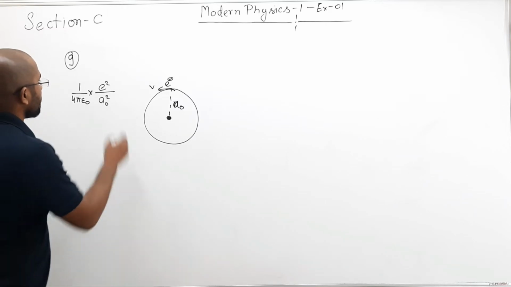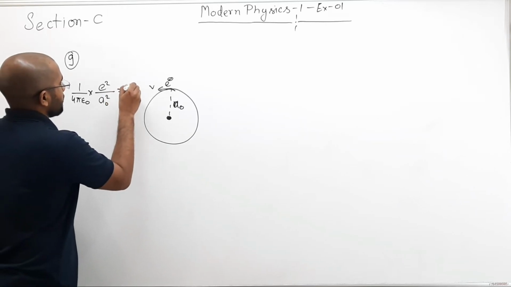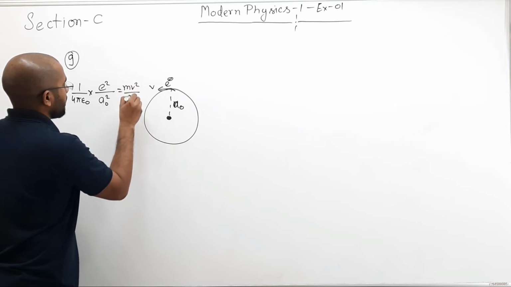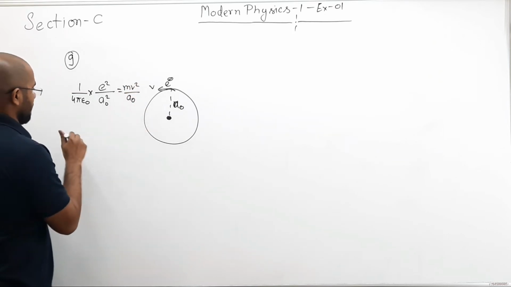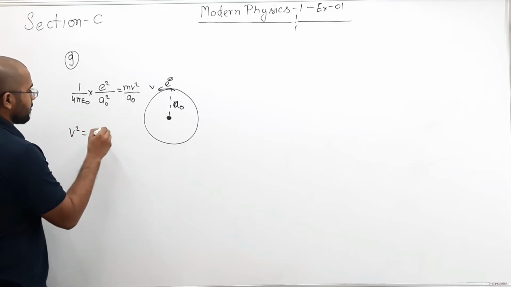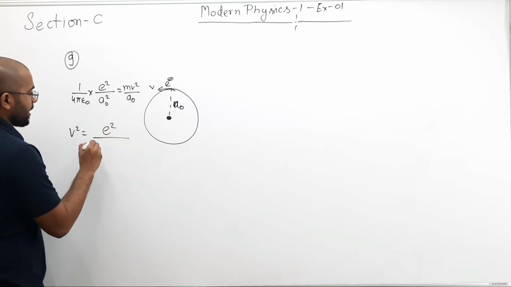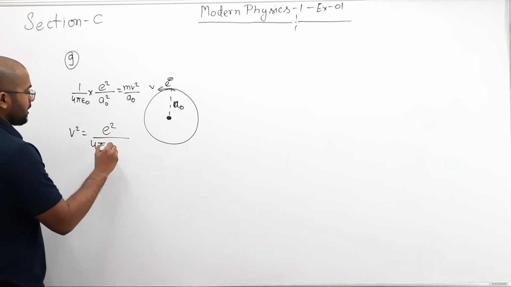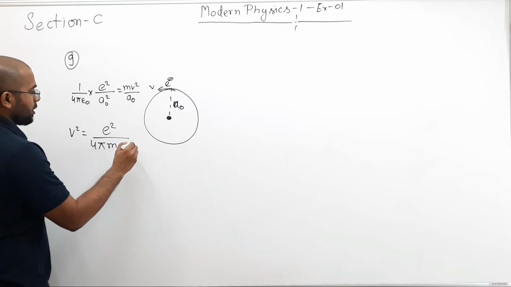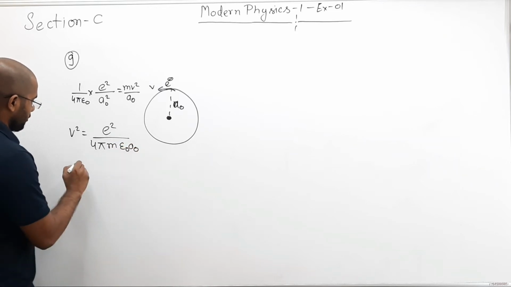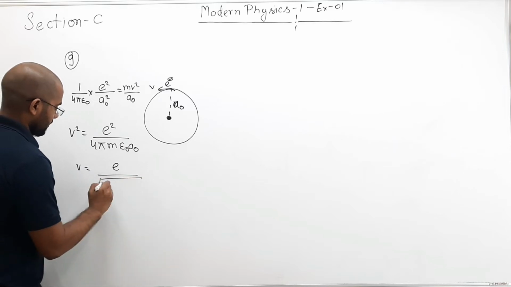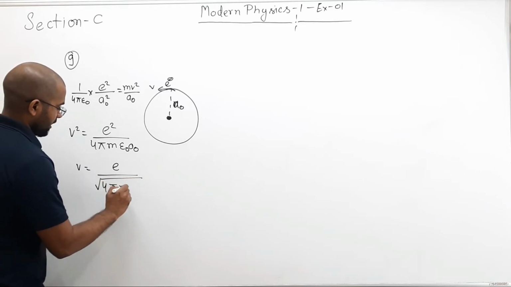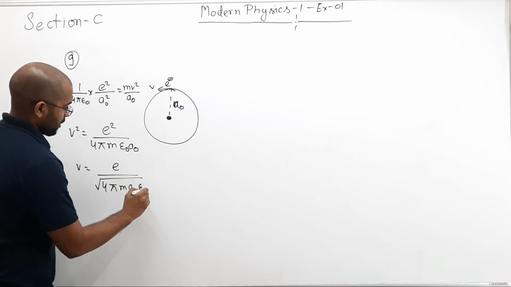And the Coulomb force provides what? mv square divided by r, the centripetal force. So A0 cancels. So v square is equal to e square divided by 4 pi m epsilon naught A0. So v equals e divided by the square root of 4 pi m A0 epsilon naught.